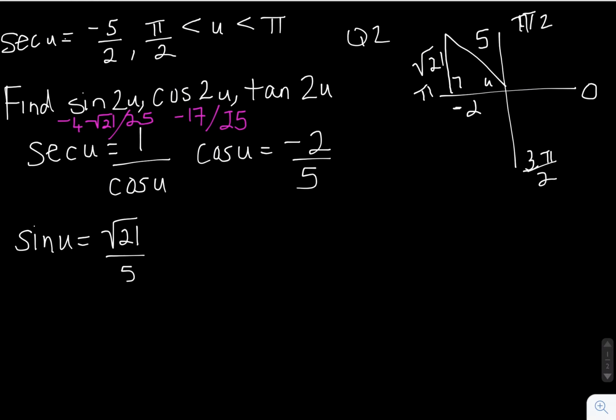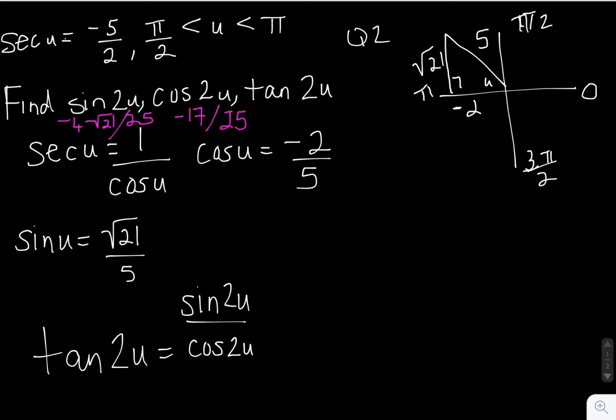Okay, last one. So tangent of 2u equals sine of 2u over cosine of 2u. What is sine of 2u? Well, look at our answer above. That's negative 4 square root of 21 over 25.